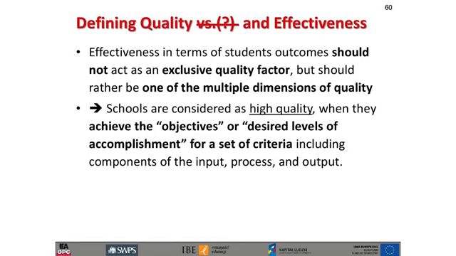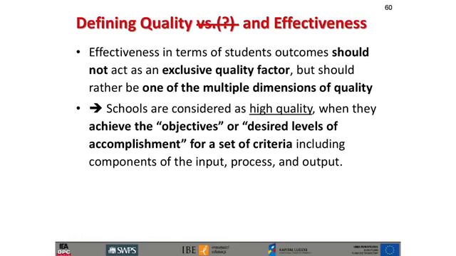production process, let's say. So to point out, effectiveness in terms of student outcomes, related to the last stage of the input-process-output, should not act as an exclusive quality factor, but should rather be one of the multiple dimensions of quality. So I would propose such a definition of high quality schools.